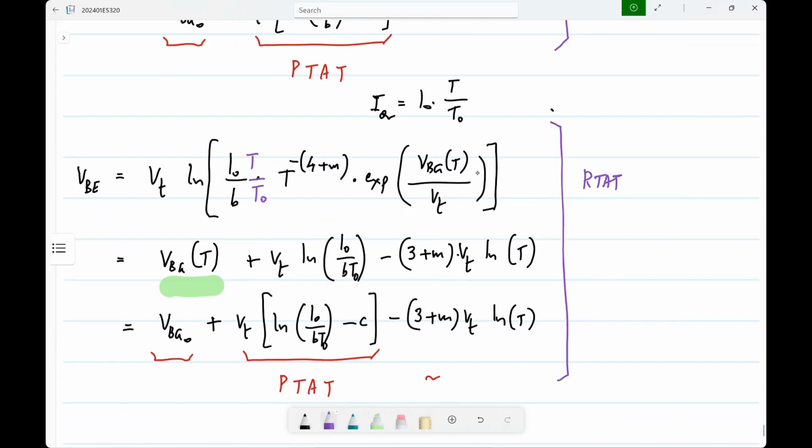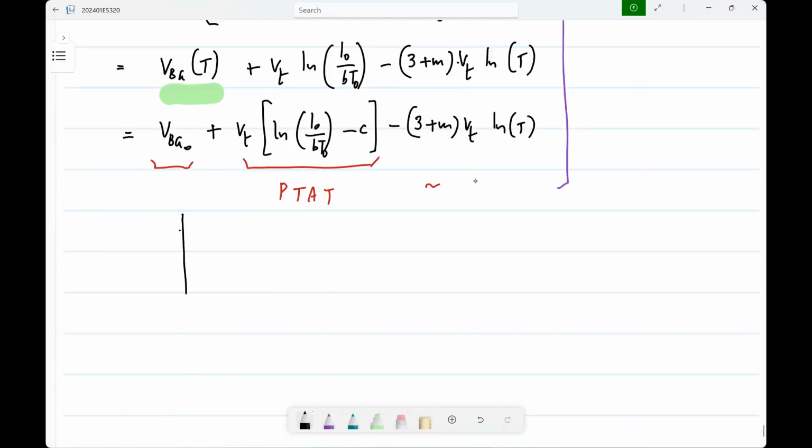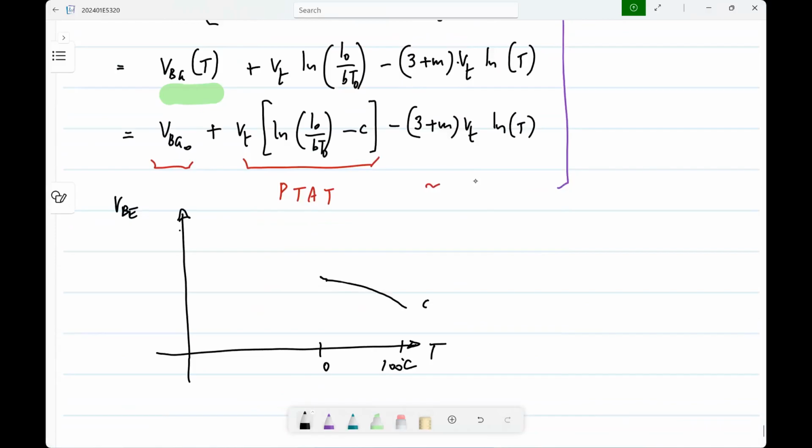So anyway, this is what you would imagine, that is VBE versus temperature, let's say in the 0 to 100 degrees Celsius range, which is 273 to 373 Kelvin. VBE would do this with constant current. What would happen if the current is proportional to absolute temperature?